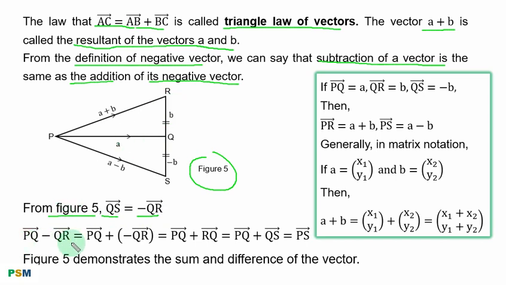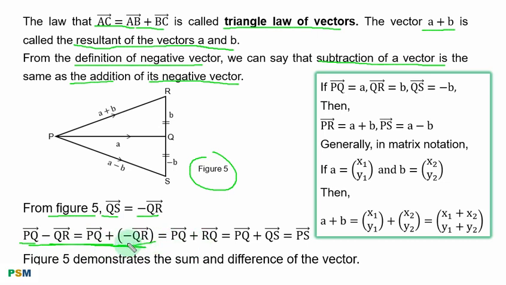Want to get the subtraction? Vector PQ minus vector QR is equal to vector PQ plus minus vector QR. These two expressions are the same.